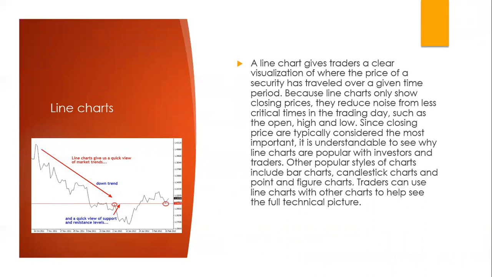The first type is line charts, and if you were present during our previous lessons, we spoke about the clarity that line charts give. We spoke about trends, trend lines, and channels, and usually we switch over to line graphs to get a more precise drawing of trends, right?